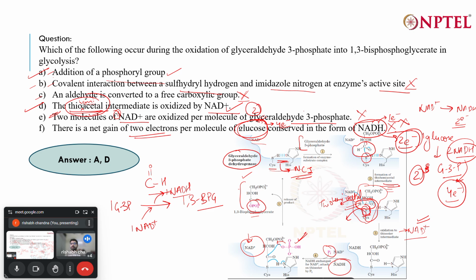And E option says that two molecules of NAD plus are oxidized per molecule of glyceraldehyde 3 phosphate. So only one molecule is oxidized here, not two. That's why it's false. Okay, is it clear now?